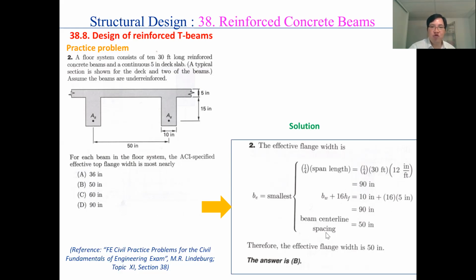And the last equation equal to the beam center line spacing. So when you calculate the value for the three equations, you can find that the effective flange width is 50 inch. So you can compare the final result with the options. So the answer is B, 50 inch.